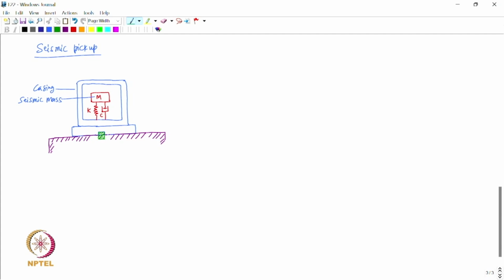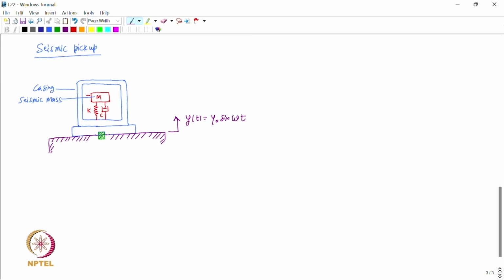Okay. Let us say the vibration of this surface is y of t, and it is undergoing a harmonic vibration, say y naught sine omega t.